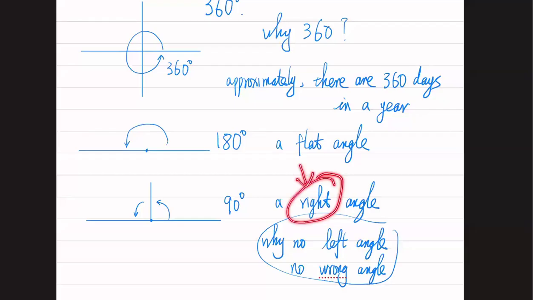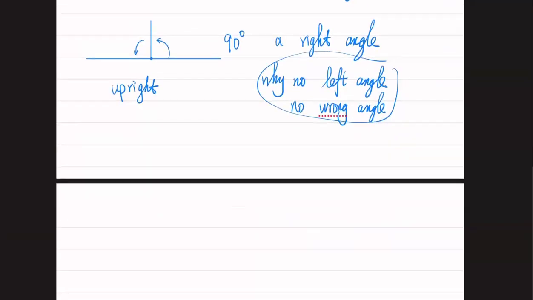What does right mean? Upright. Okay, so again, this is the history in the development of mathematics. We have this upright direction. So this is the reason why we call it a right angle. It goes to the upright direction.